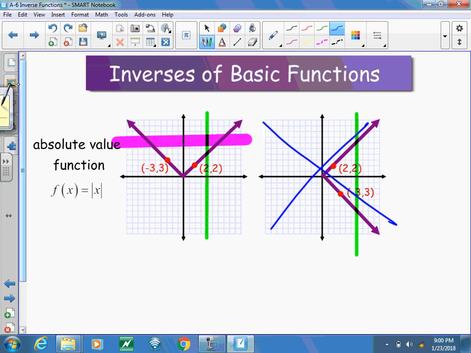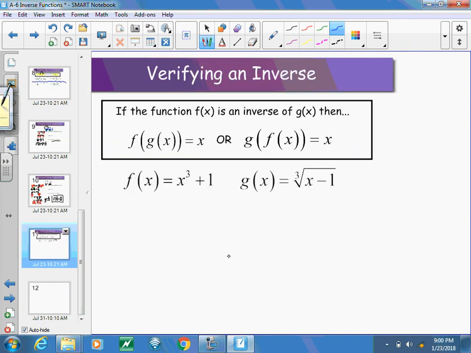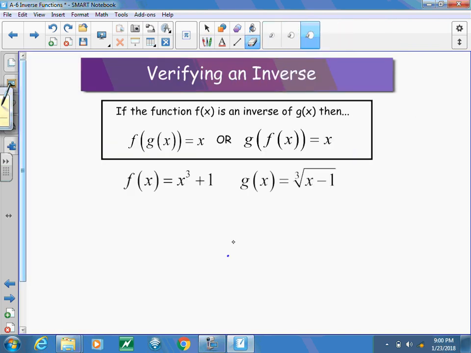All right, so lastly what I want to do is talk about how you can verify that two functions are inverses of each other. Well, we've already talked about how to do a composition of two functions, and that's exactly how we can verify that two functions are inverses of each other, more so going for the algebraic approach to it.